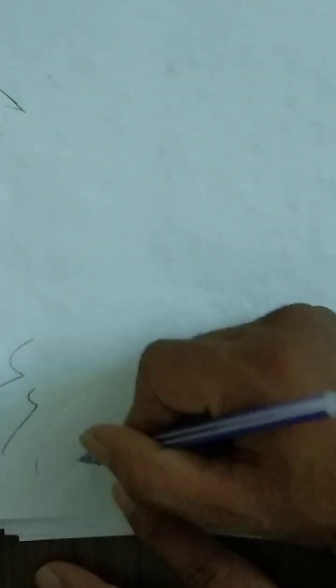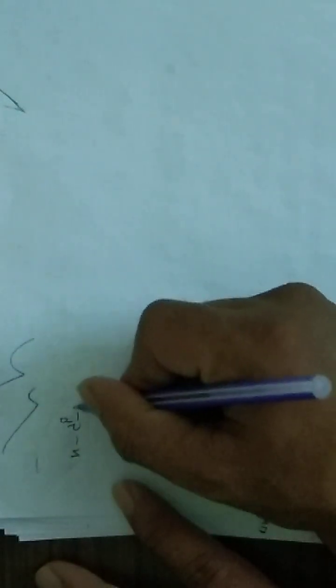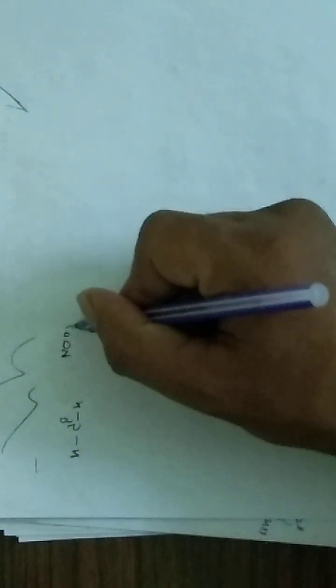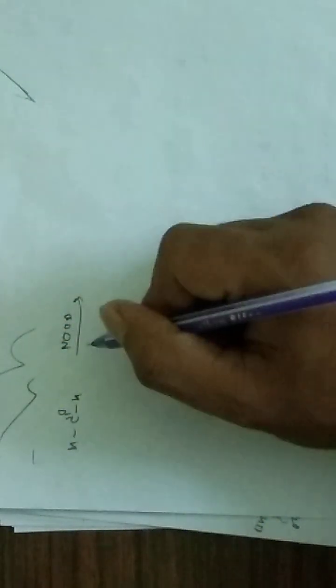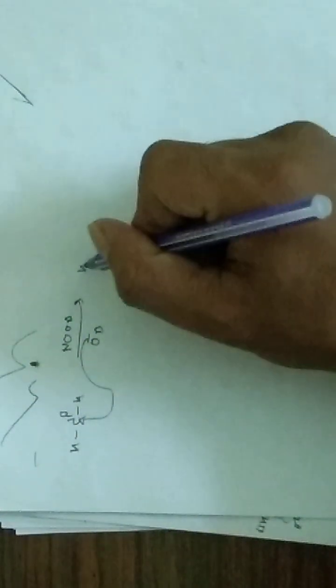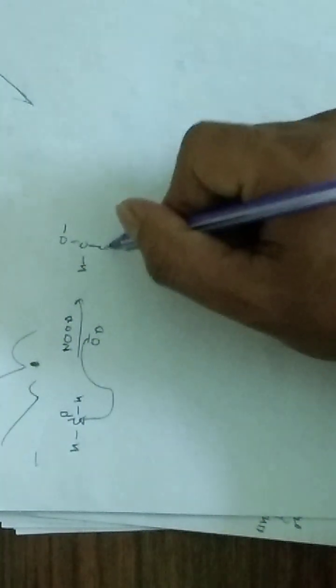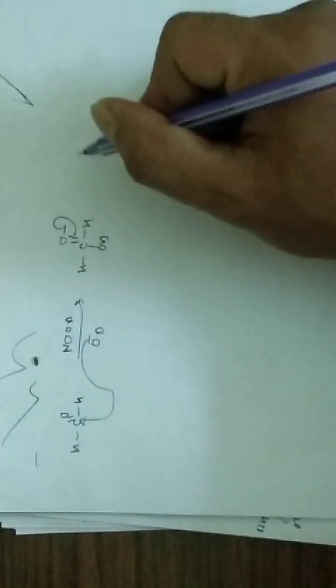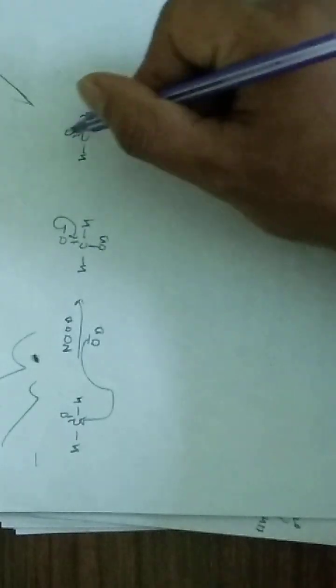Now another possible question in the exam is this: suppose formaldehyde is here and a deuterated base is there, let's suppose NaOD. From here OD minus will come and attack here. Then O minus, here OD and H. This will come back as hydride and attack another molecule of formaldehyde.